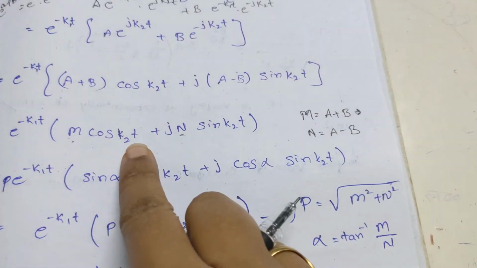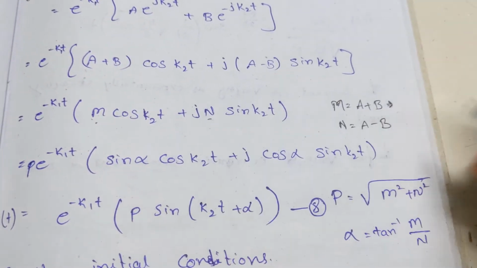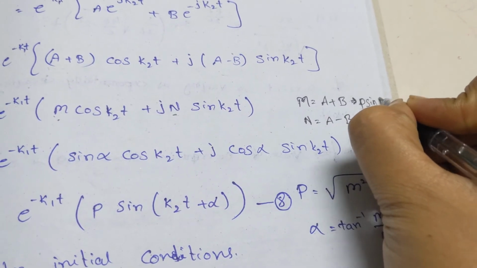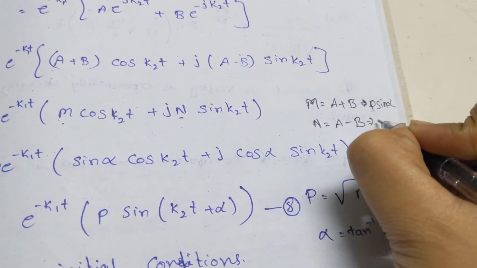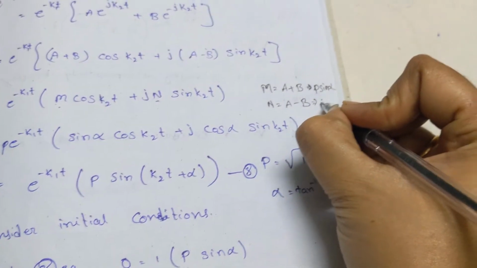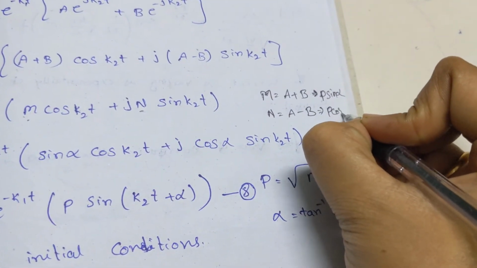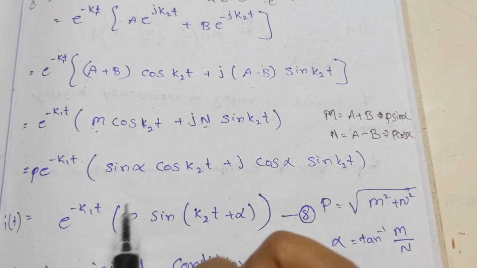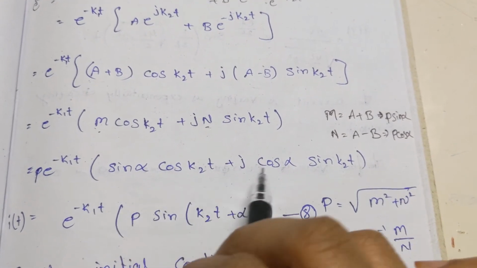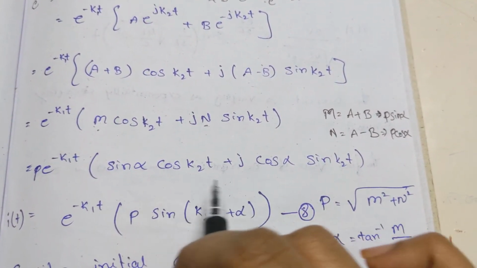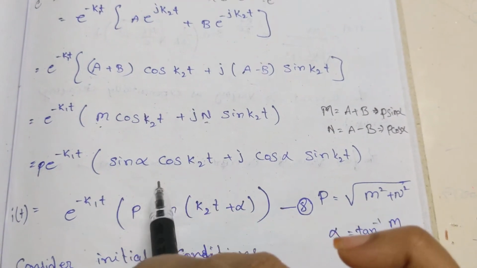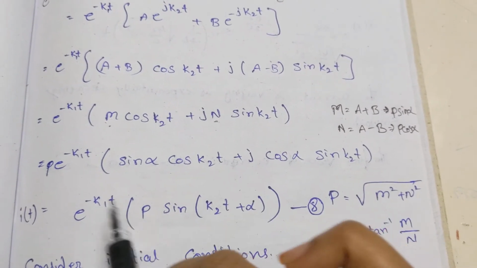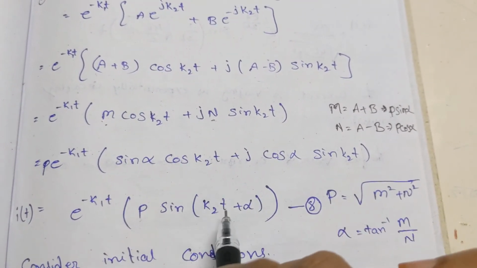Here I have the cos term, here I have the sine term. To get this, m should be equal to some multiplier of sine alpha, and n should be represented in terms of the magnitude of cos alpha. When I replace this with sine alpha and cos alpha, I can write it as p sine (k2 t plus alpha).